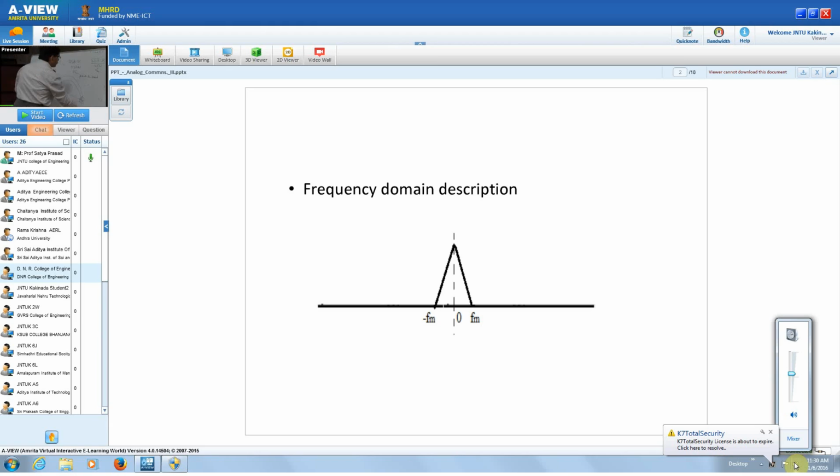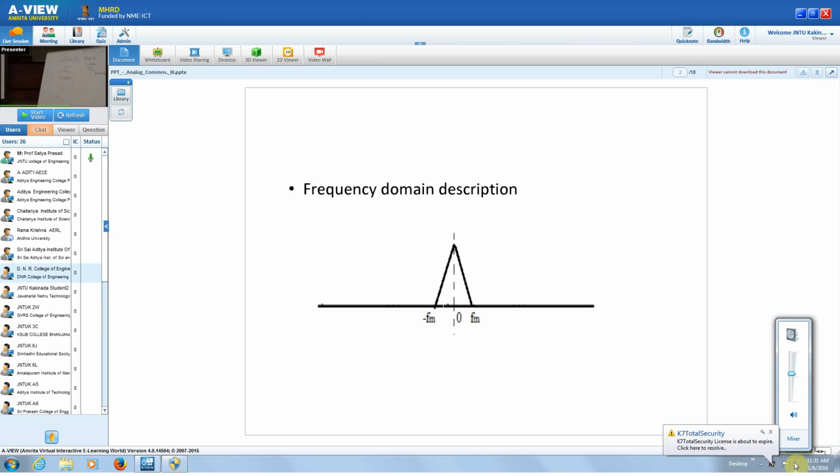In addition to this, these are the different comparisons for the different modulation techniques that we have seen so far. There were AM, DSB, and SSB, and all these modulations we call linear modulation.